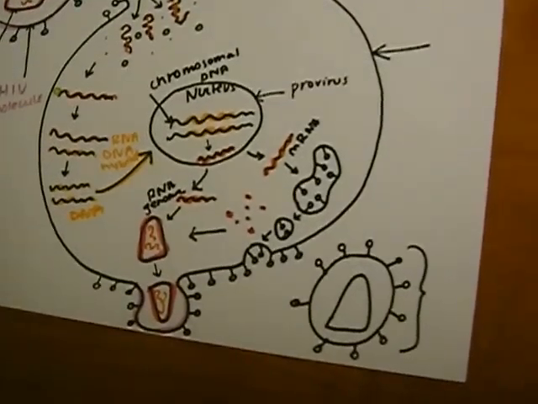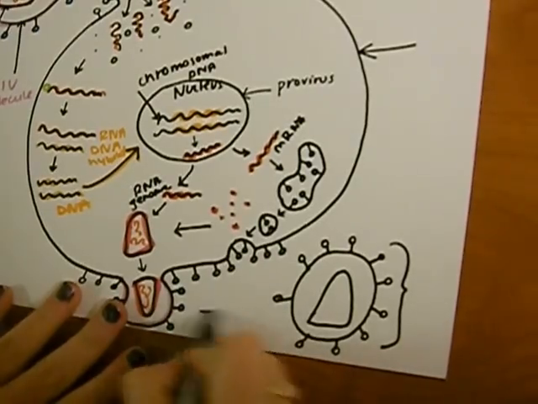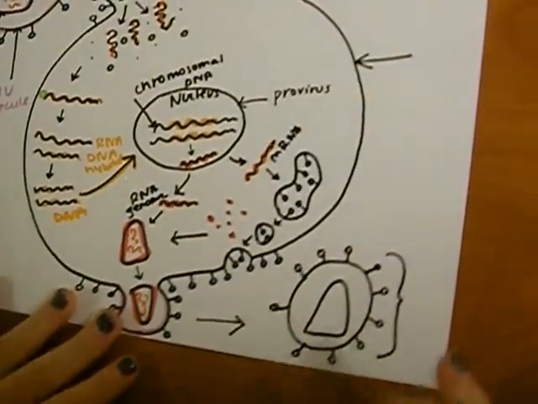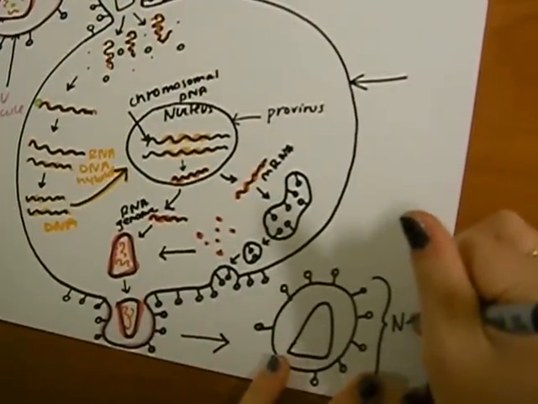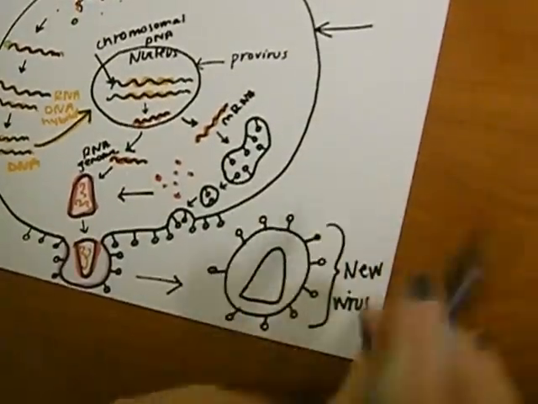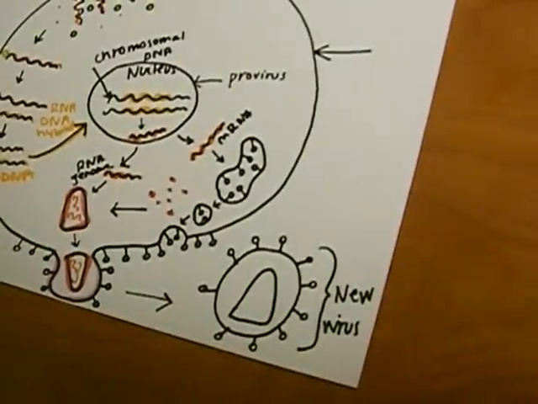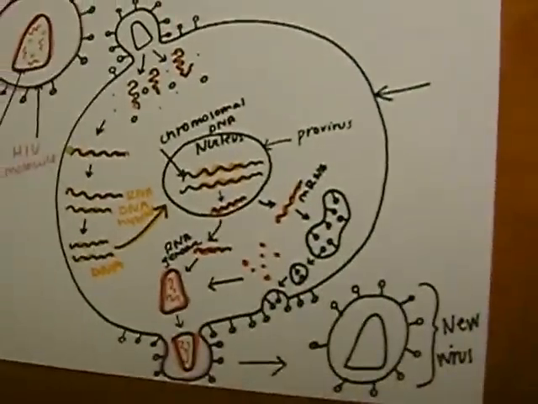The host cell does not die. Instead, the virus is pushed out of the host cell, and a new virus is formed, and it attacks other host cells, and those host cells can be white blood cells in humans, for instance.